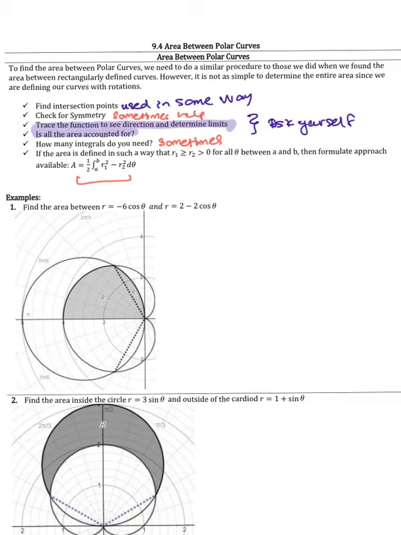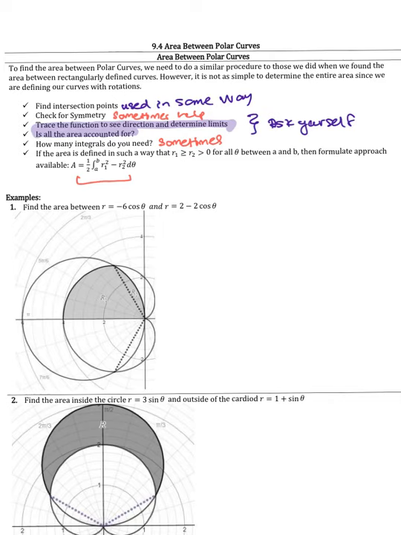So thinking through, visually getting an understanding, coming up with the approach you're going to take for the problem, finding the intersection points, identifying the bounds on your integral, and then going through that process. So again, your calculator is going to do most of the physical calculation part. What you're going to be doing mostly by hand is figuring out your approach, integral bounds, etc.